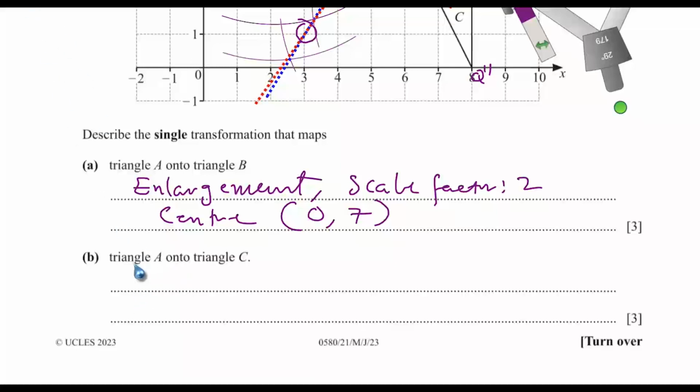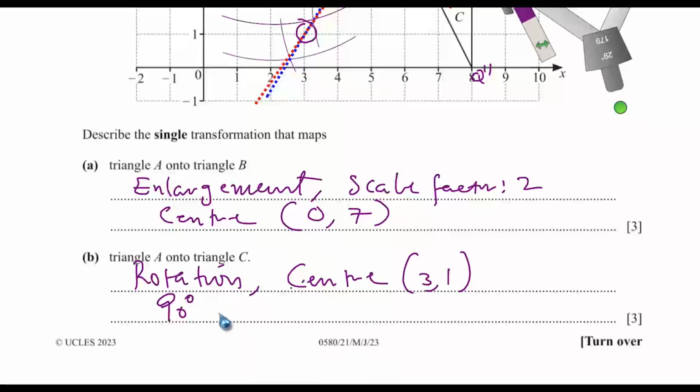The center of rotation is x equals 3 and y equals 1. Okay, and then the direction of rotation is 90 degrees clockwise.